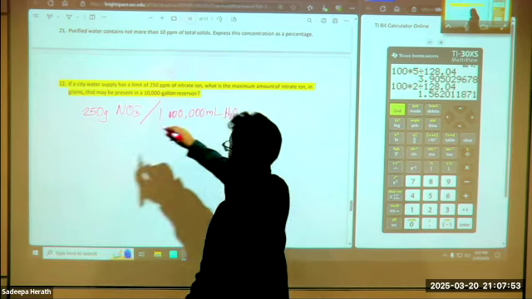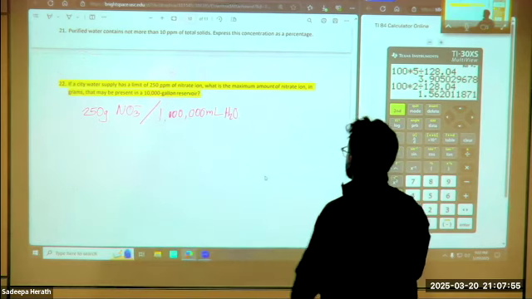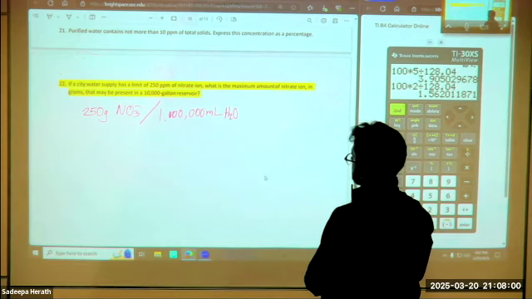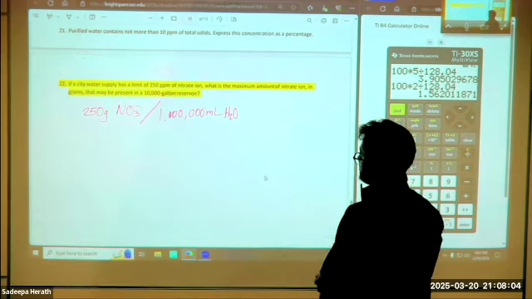It's a city water supply, right? And they're looking for the maximum amount of nitrate ion in a 10,000 gallon reservoir.